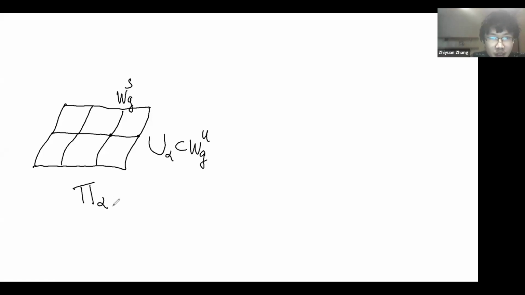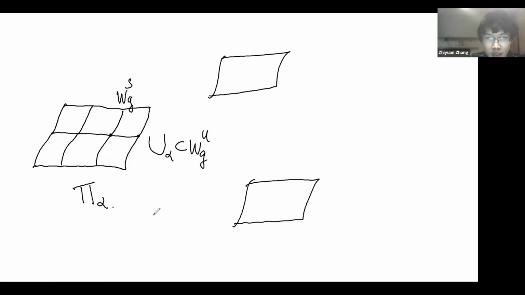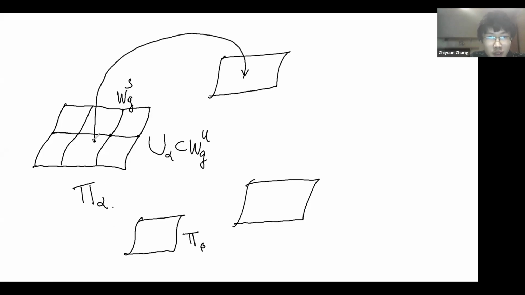You denote this by pi alpha. Then on the manifold you can construct a lot of, but finitely many, small rectangles like this. And then if you consider the first return map restricted to these objects, you denote it by sigma hat, for instance.